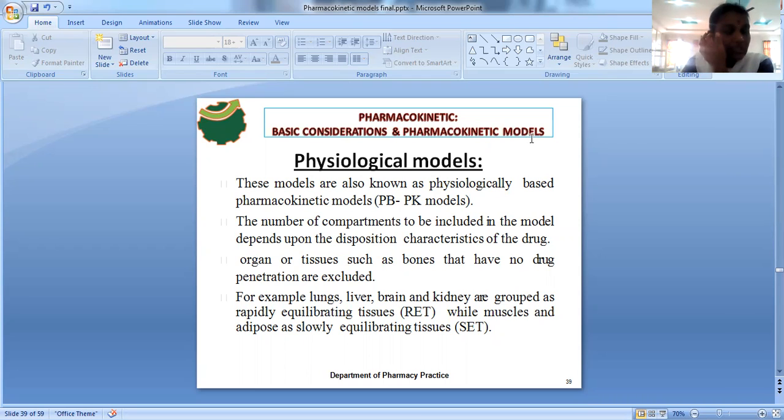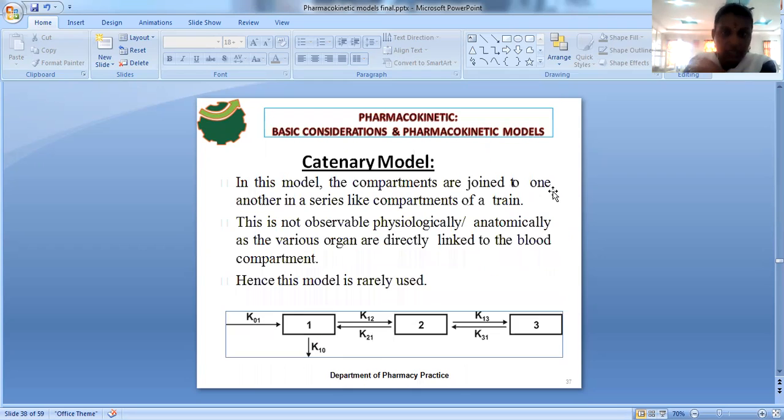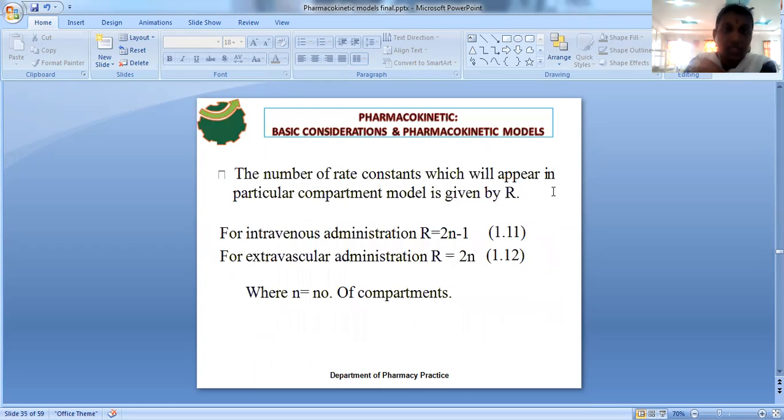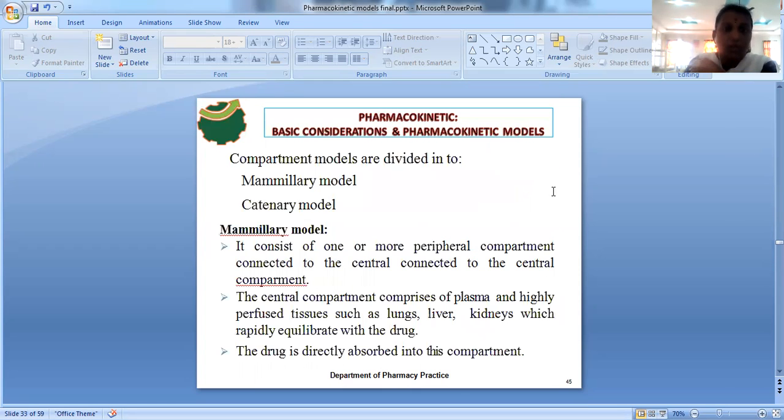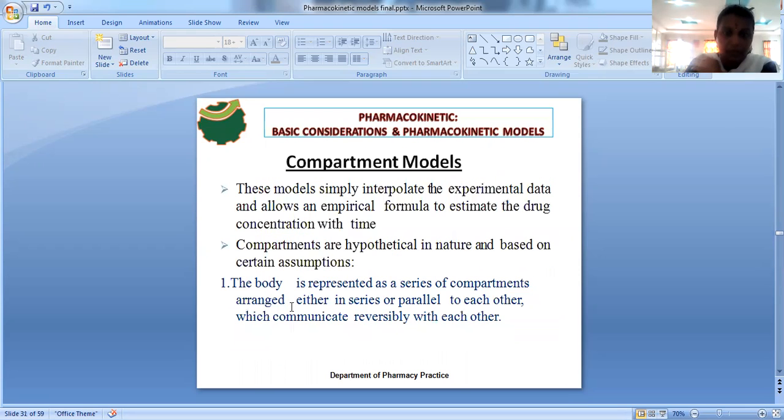So far we have discussed the compartment models in the previous classes. Depending upon some assumptions, the compartment models have been designed, and these are empirical models. The compartments are divided on the basis of perfusion, drug input, drug affinity and blood flow.